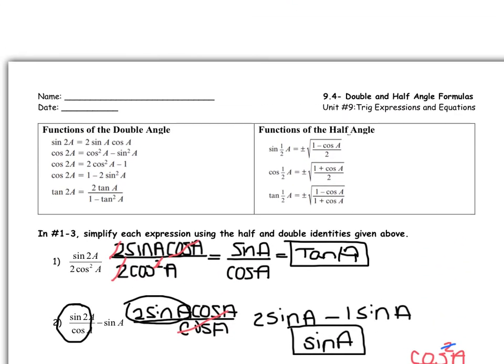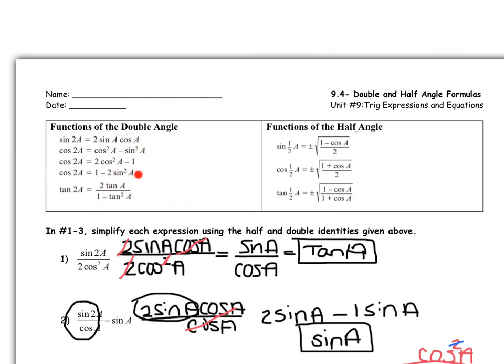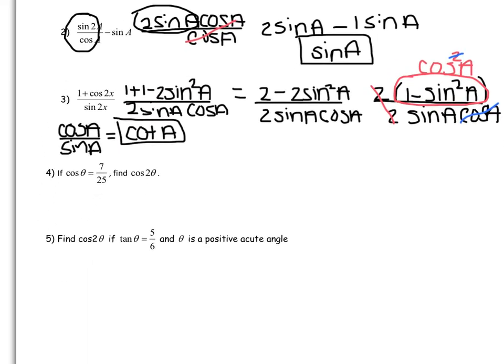If I were to pick this one here, I have no use for it because they gave me cosine. So we actually have to pick this one right here. 2 cosine squared a minus 1. So cos 2 theta, we're going to write as 2 cosine squared a minus 1.